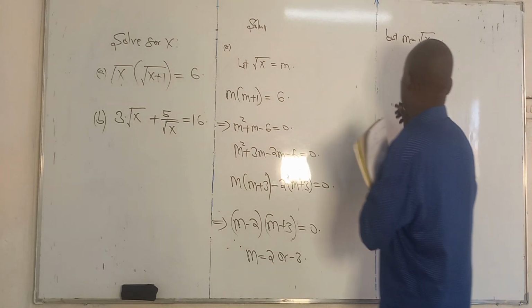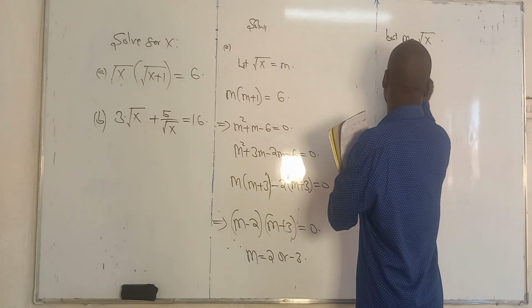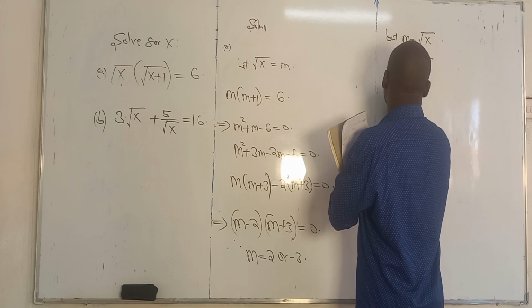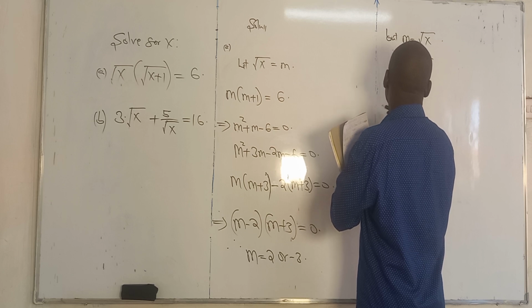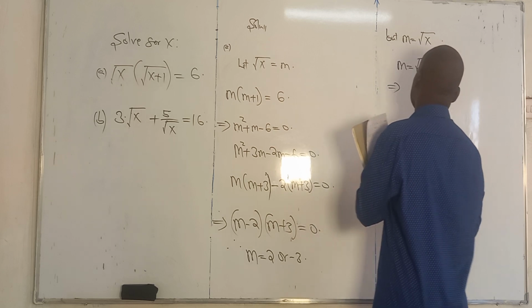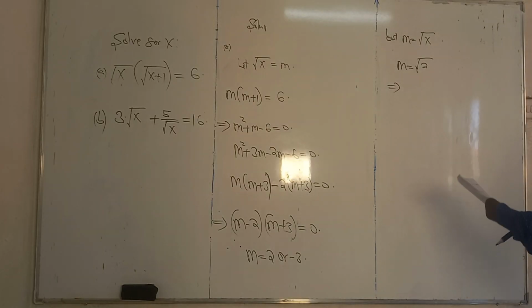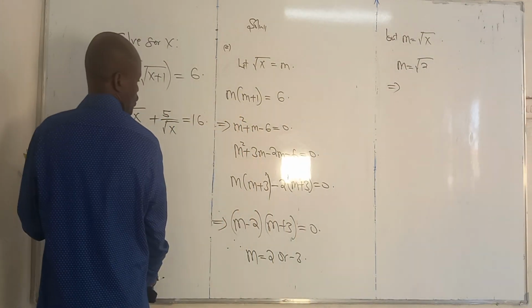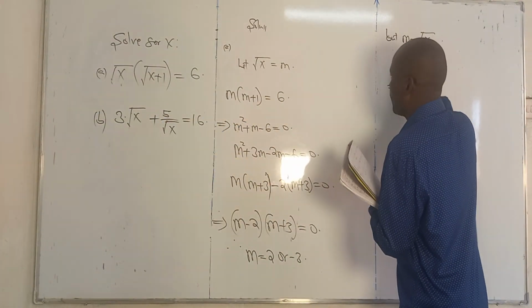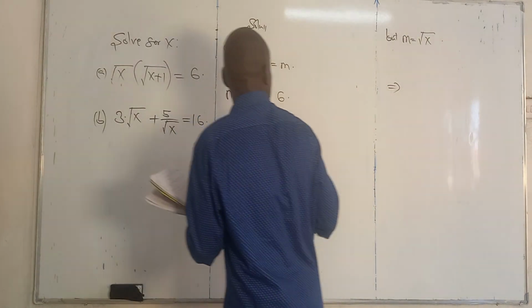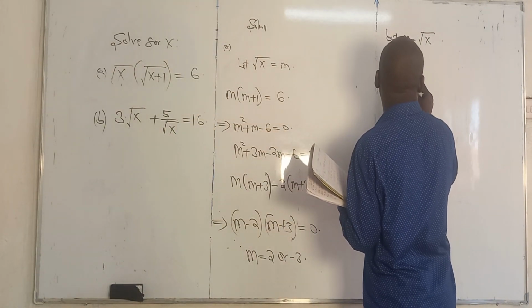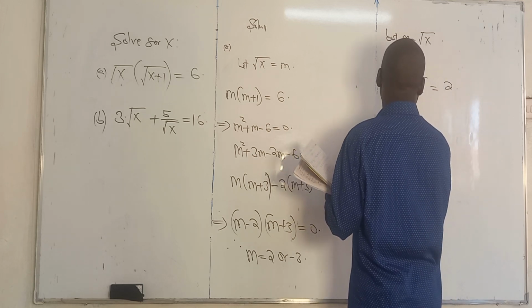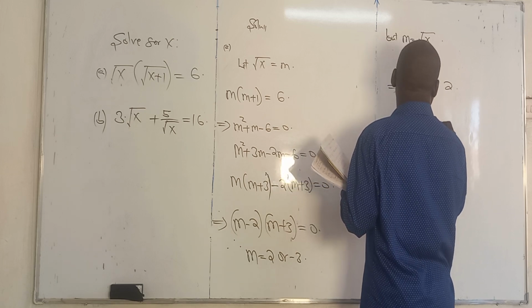So in this case, m is 2. Root of x is equal to 2, implying that x is equal to 4.